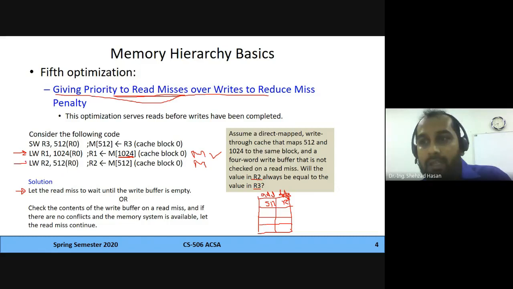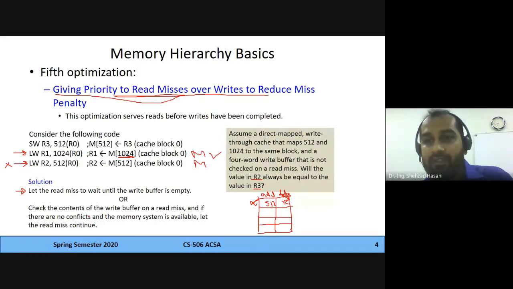But when you come over here and you see that there is a 512 referred, and this is also a miss, and you see that there is still a pending reference in the write buffer for this particular address, then you are going to empty the write buffer first and continue. So in this case, the second one cannot continue because there are pending writes in the write buffer.